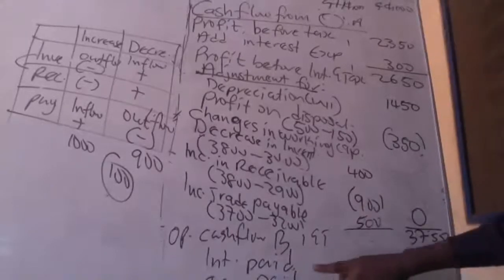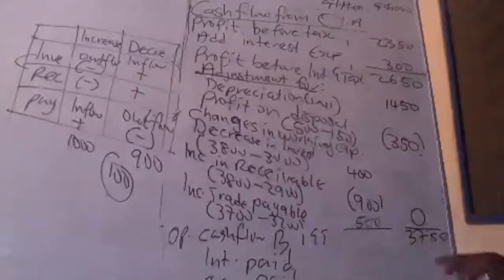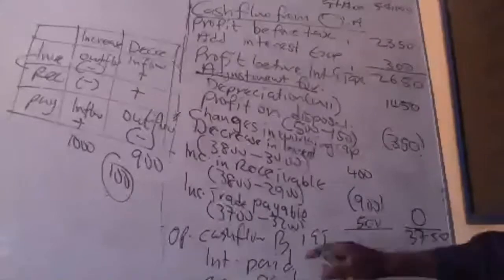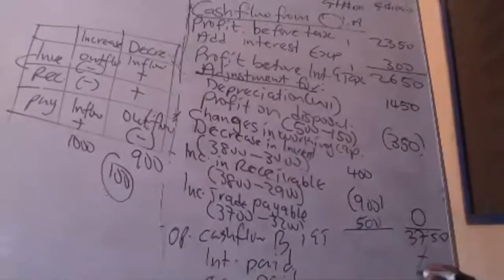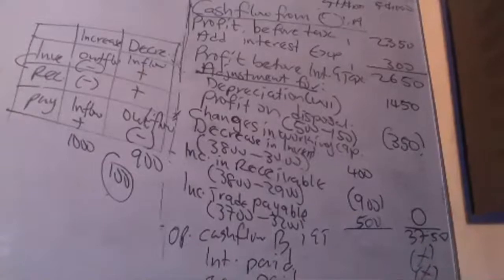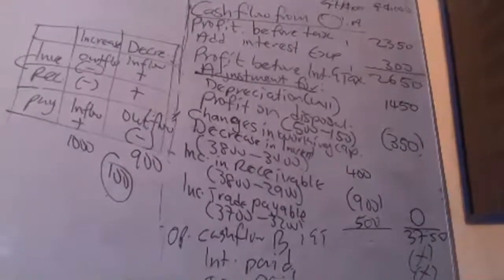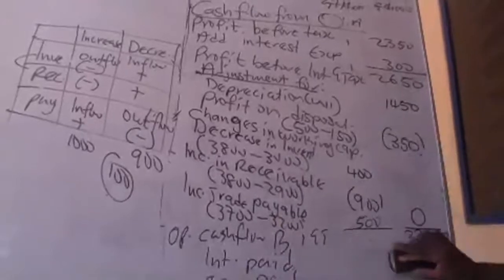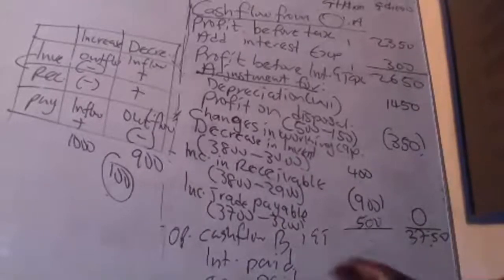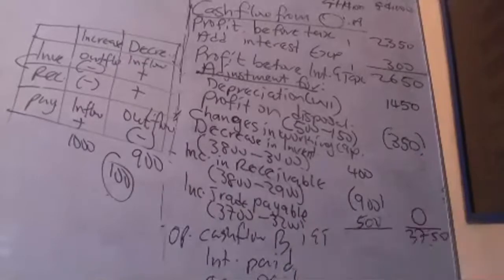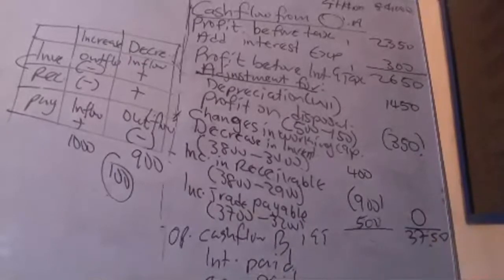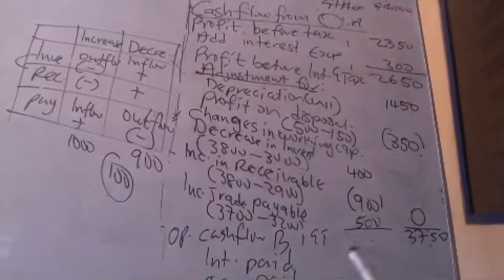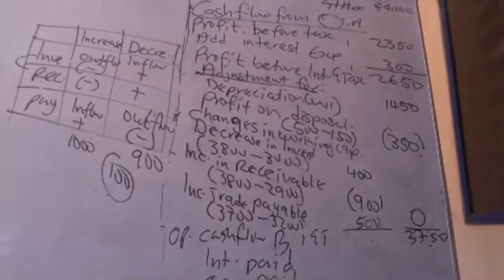Here we don't need to subtract the interest paid first and get cash flow before tax. No. Just bring the two here like this, and then you are done. Okay, let's do the workings for all of them. Don't forget the workings that we did in the first lecture, and the shortcut that we came across.